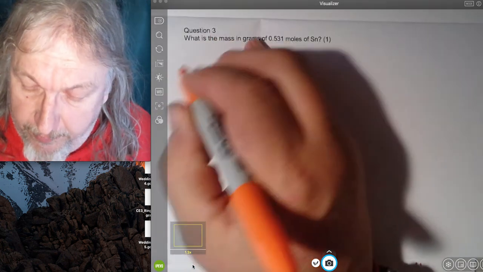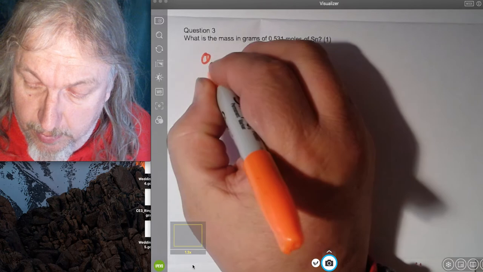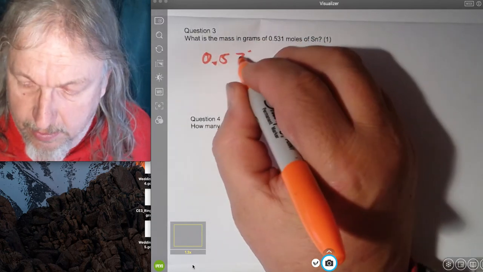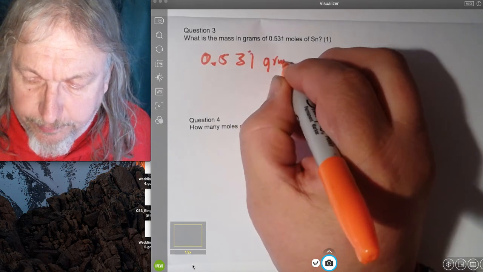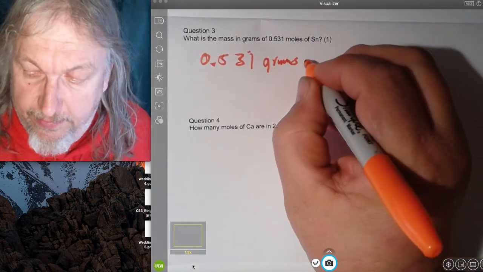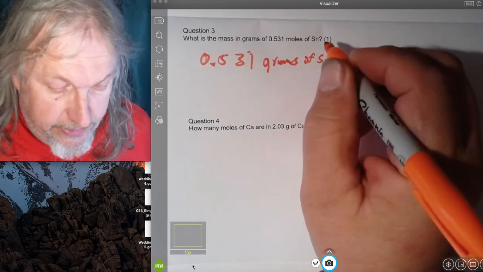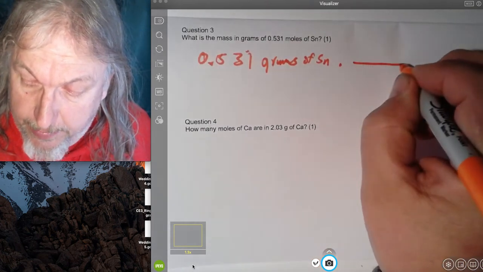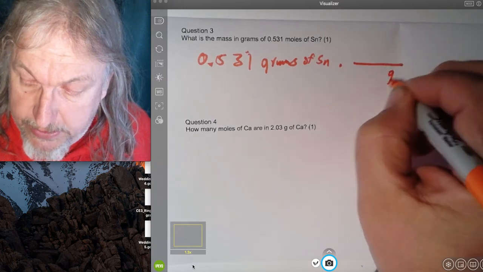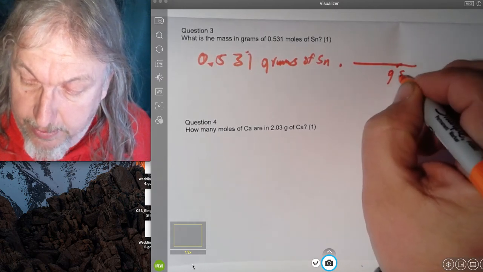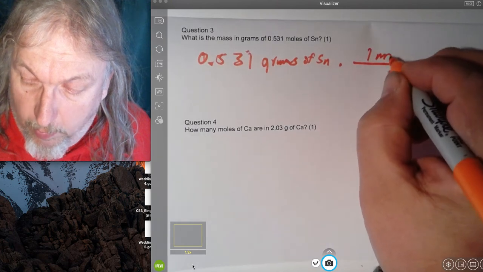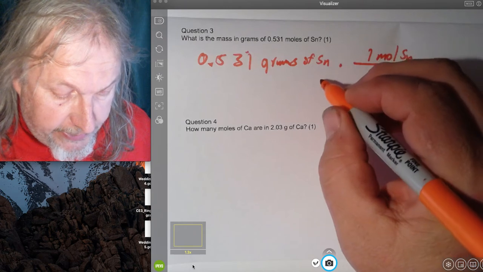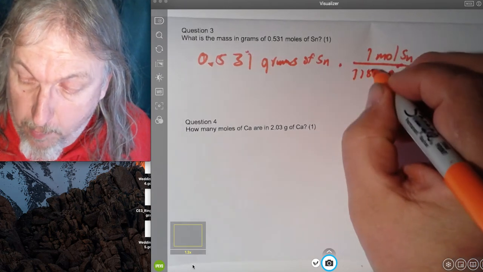Let's start it off with 0.531 grams of Sn, tin. Now if I look at the molar mass, the atomic mass, I'm going to put this down in the denominator, grams Sn. 1 mole of Sn equals how many grams? 118.71 grams.